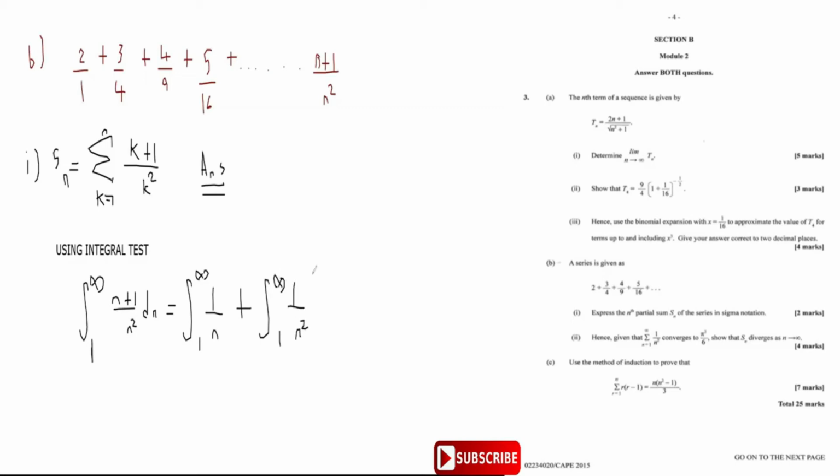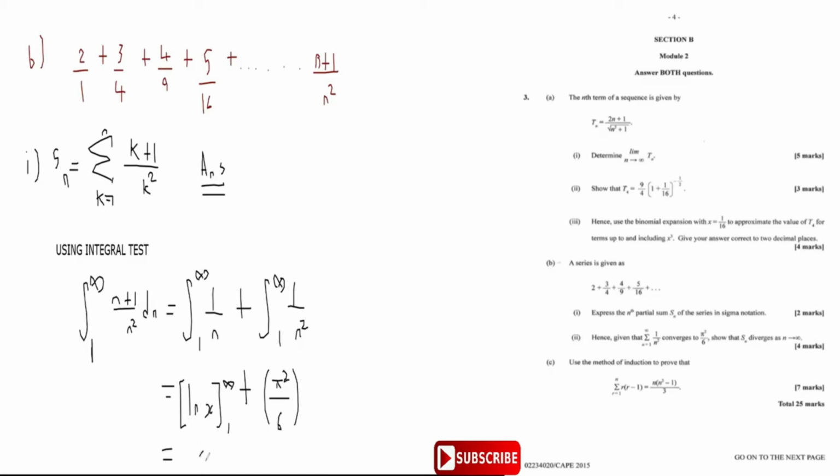Now they told us that this part converges, and they told us that it converges to, I think they said, pi squared over 6. So that will be plus pi squared over 6 for this part. Now, the integral of 1 over n is ln n, and when you integrate from 1 to infinity, when you plug in ln infinity, we don't know exactly, but it's a very big number.